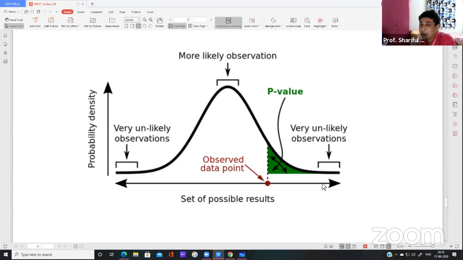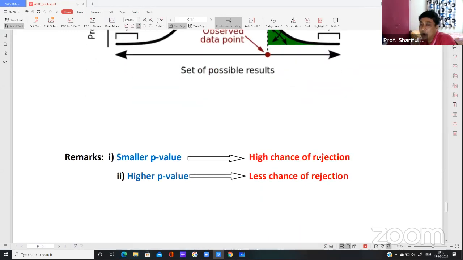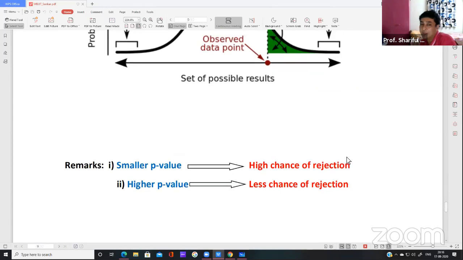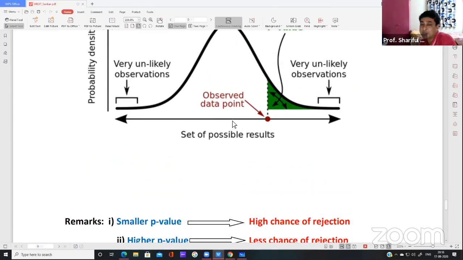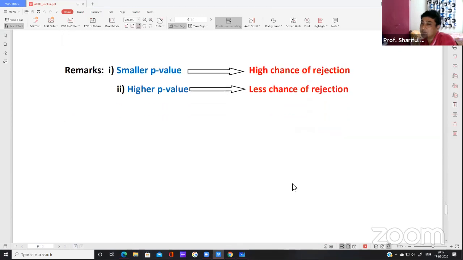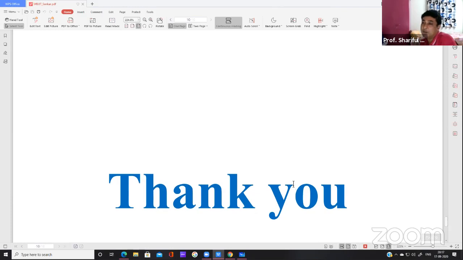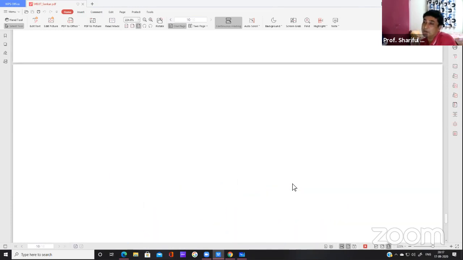If the observed Z comes to a very extreme point, obviously the p value will be less, so there is a high chance of rejection. But if the observed Z comes here, the p value will be high, so there is less chance of rejection.